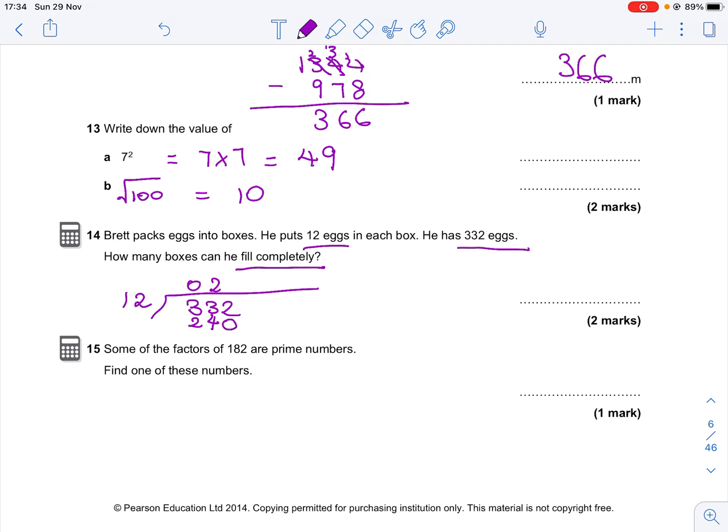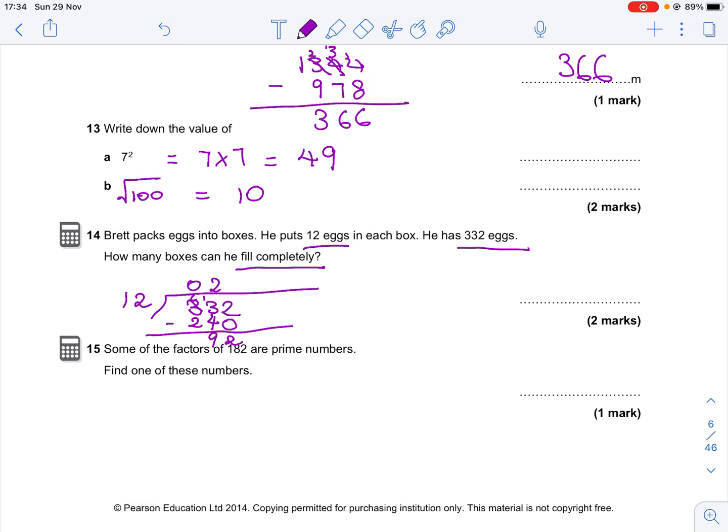So we subtract. 3 take away 2 is 1, and 3. So we have 332 subtract 240. 2 take away 0 is 2. And 3 take away 4 is not enough, so we need to borrow 1. So we have 13 take away 4, which is 9. So we have 92.